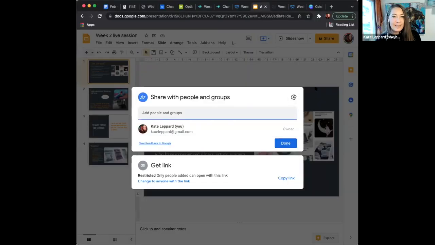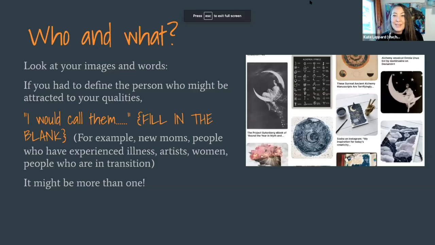And so what we're going to do now is the next part of the process. I'm just going to share my screen so that you can see this. Okay, so let me put it on slideshow. What I want to invite you to do now is to look at your images and words.